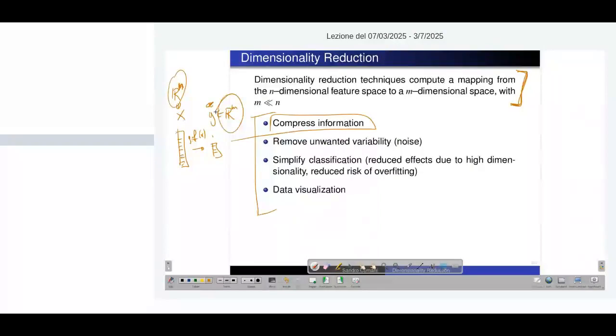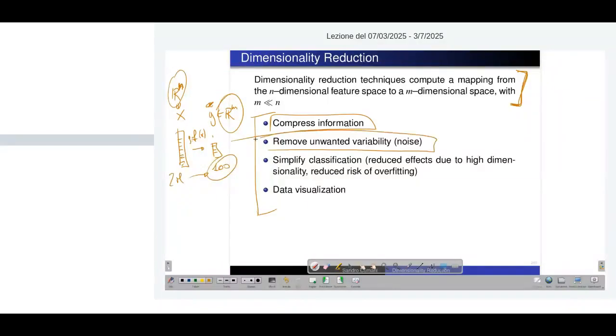So the output is not fixed dimensionality, but the idea is the same. If I can represent a vector of 2 million data with 100 parameters, then I can compress the information and store it with much less memory.